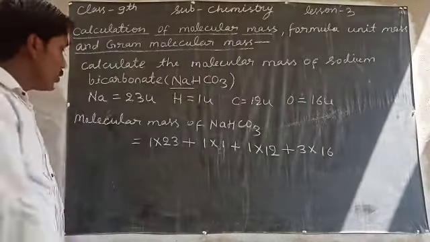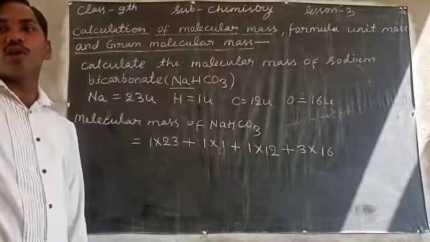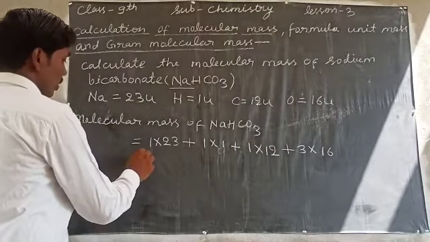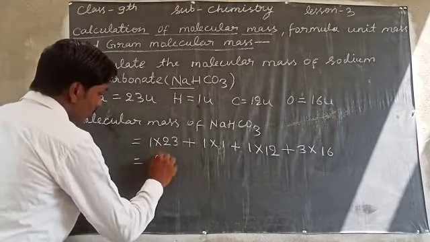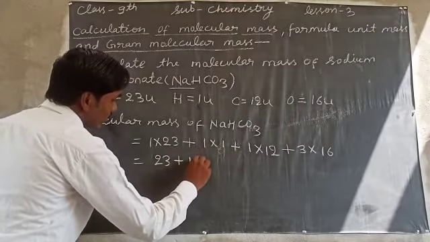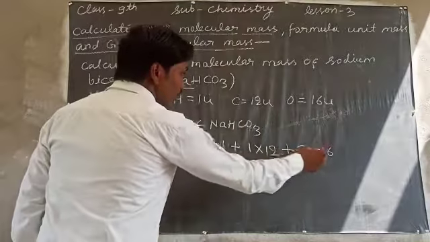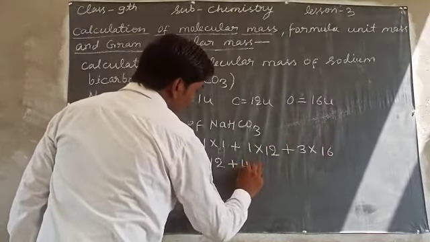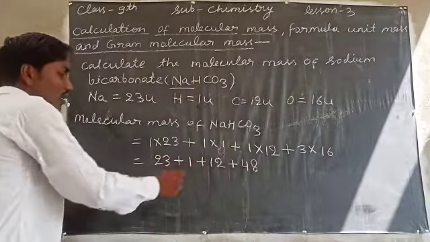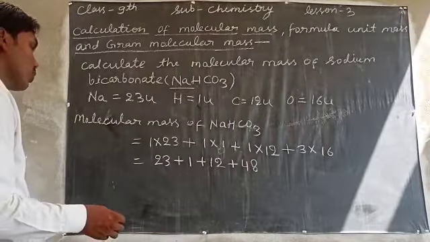Now this total will be the molecular mass of sodium bicarbonate NaHCO3. So it will be 23 plus 1 plus 12 plus 16 times 3, which is 48. Now add all these to get the molecular mass of sodium bicarbonate.